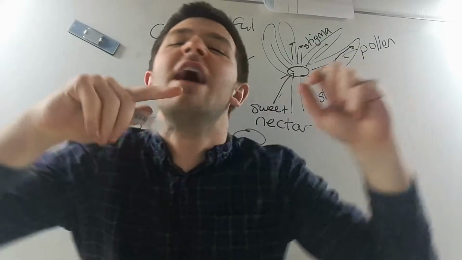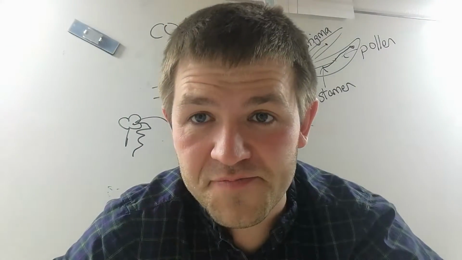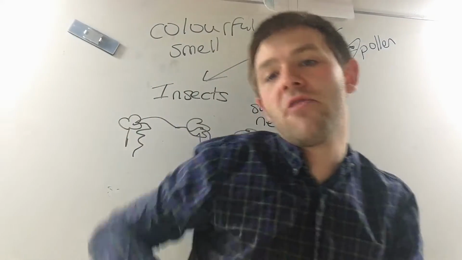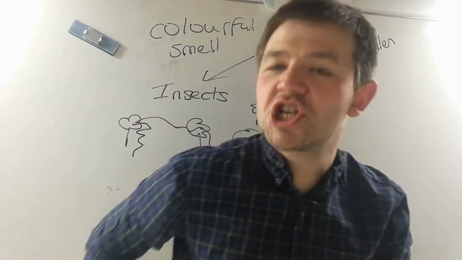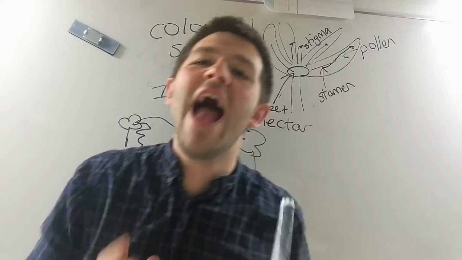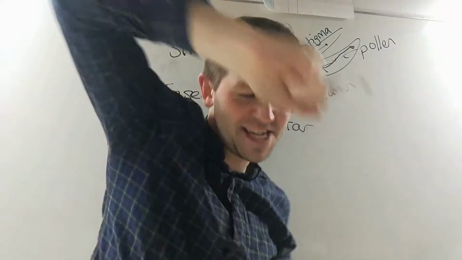And they go over and they dig into the very bottom, digging in to get that nectar. But when they get the nectar, maybe on their little bum, some of the pollen will rub onto them. And then that pollen will go to the next plant.